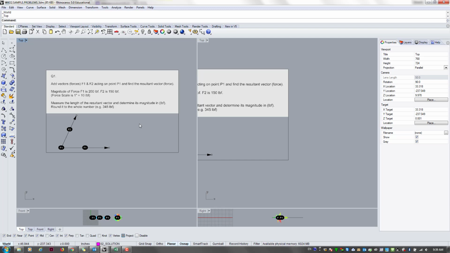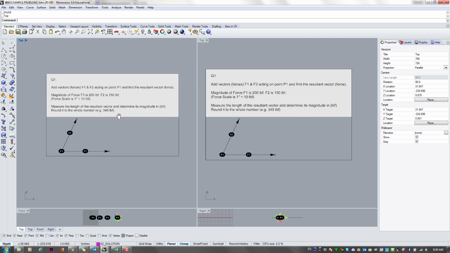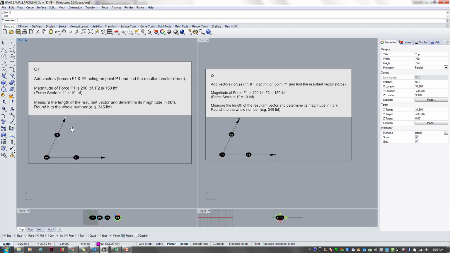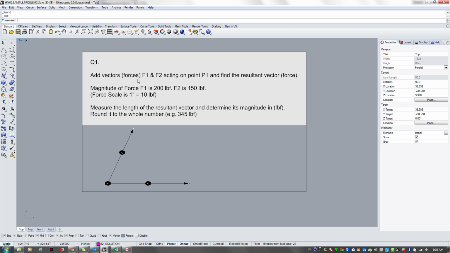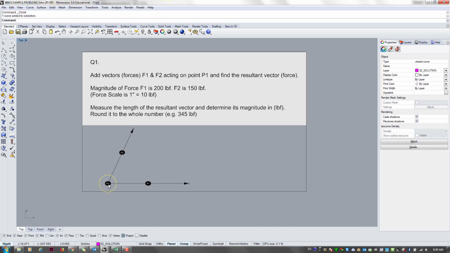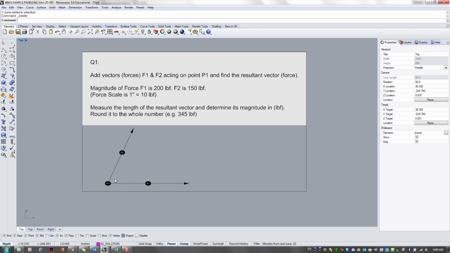In this case the problem that we have is we want to add these vectors. Let's look at the top view. Add the vectors F1 and F2 acting on point 1. Let's imagine there could be a ball or something, and you have these two things pulling on this object at this point, F1 and F2. And we want to find the resulting force.